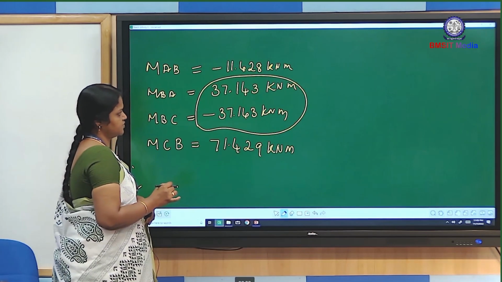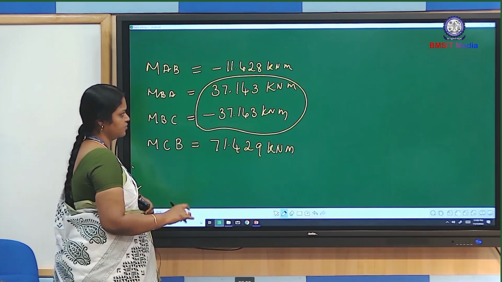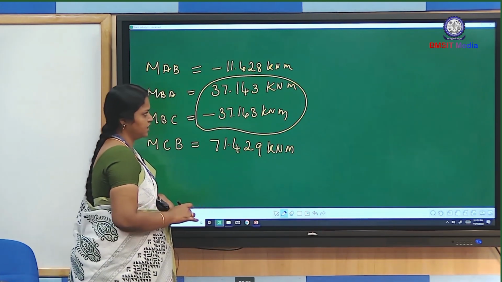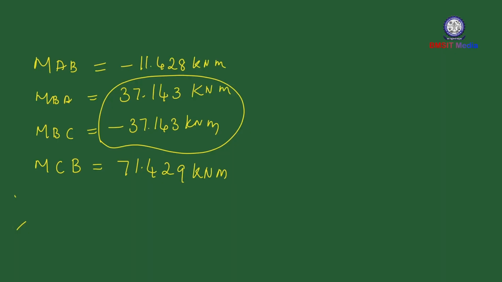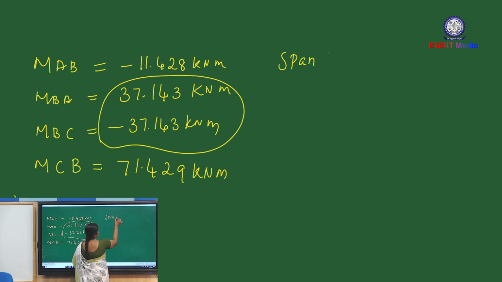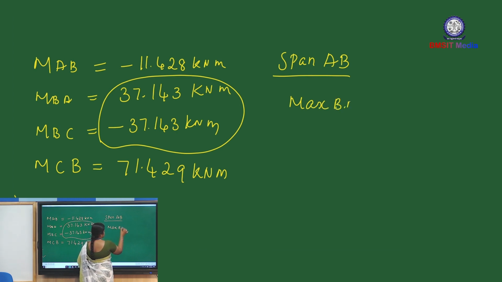Now the next step is to draw the bending moment diagram. Before drawing it, we have to calculate the simply supported bending moment, that is the sagging bending moment. Transverse load produces the sagging bending moment. For span AB, the simply supported maximum bending moment is at midspan only, because the point load is acting at the mid.